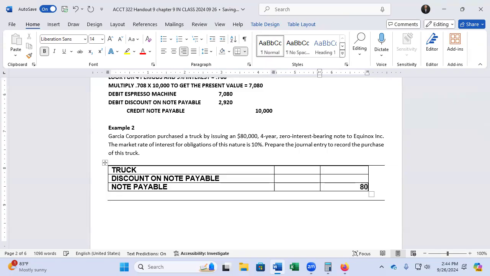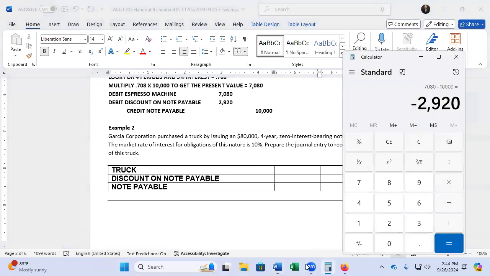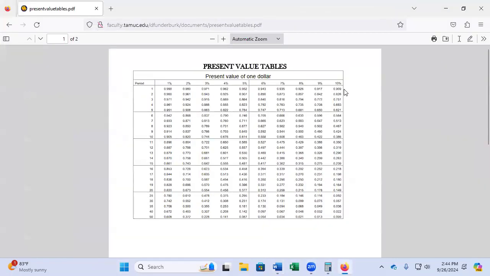We know the note payable is 80,000. So we need to go out to the table and find our 4-year, 10%. And so that's 0.683.